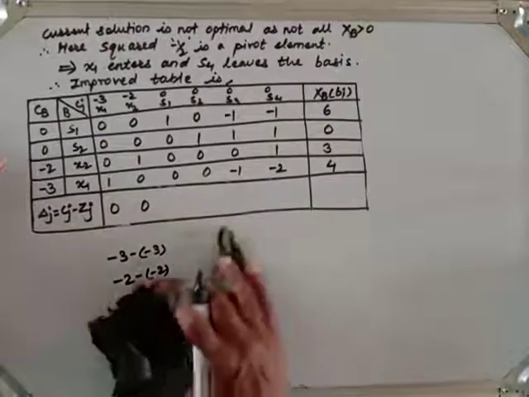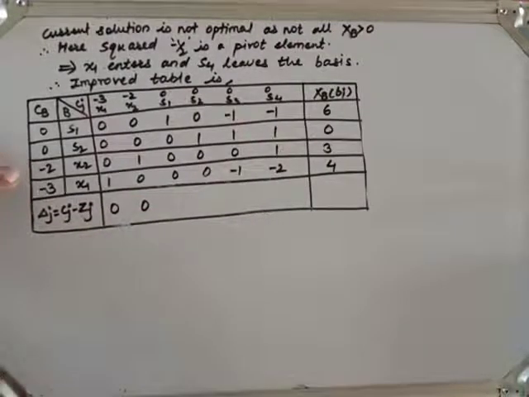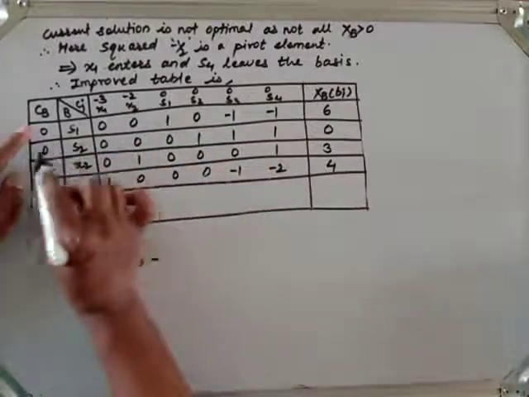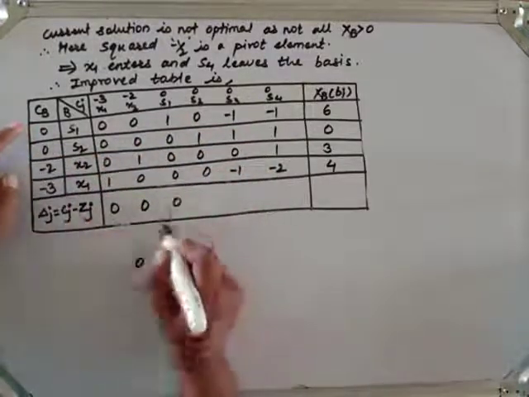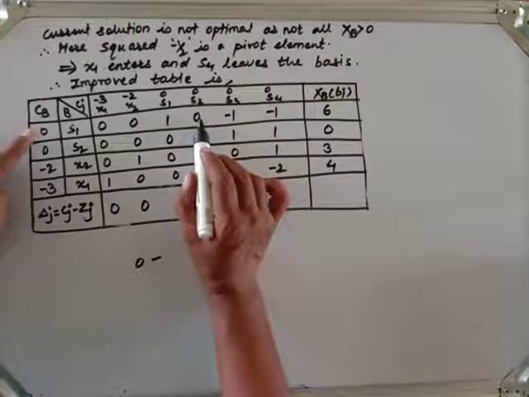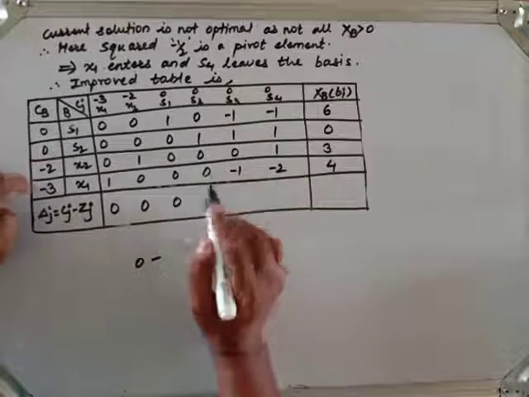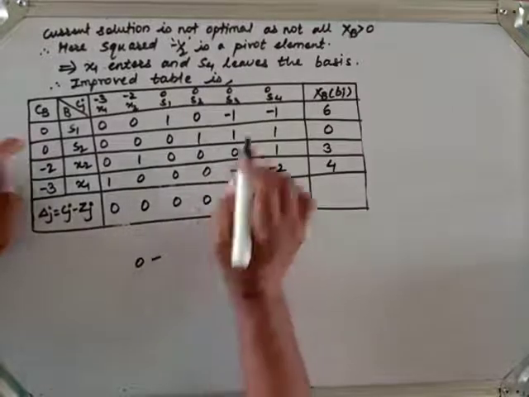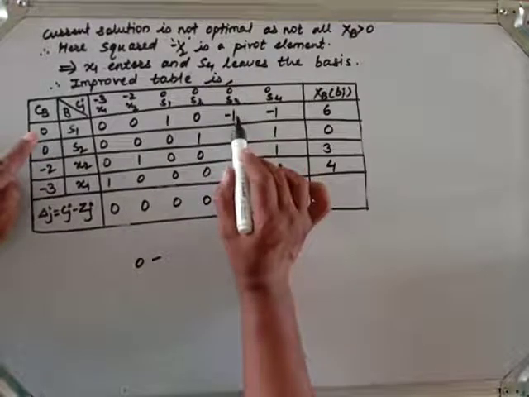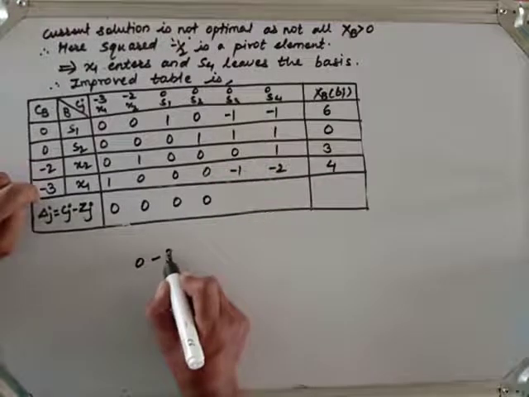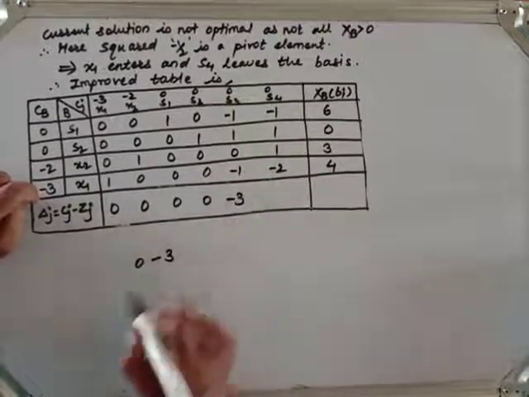Fine. Now the next one, look here, this is 0 minus 0, 0, 0 and 0, so it is 0. Now this is 0 minus 0, 0, 0, so it is again 0. Now 0 minus, this is 0, 0, 0 and this will become 3, so 0 minus 3 will be -3.